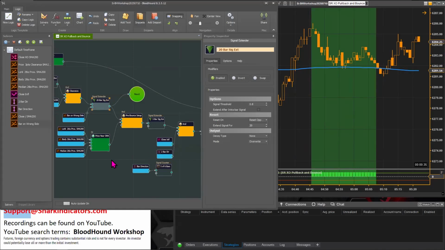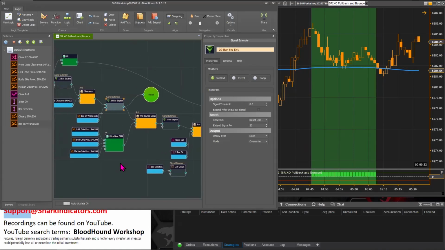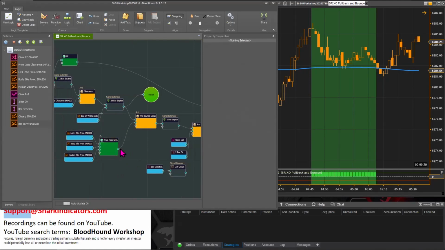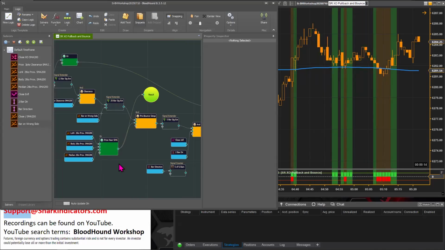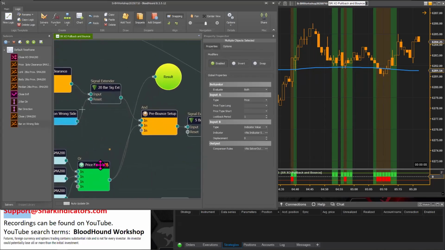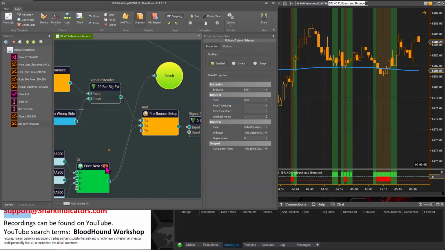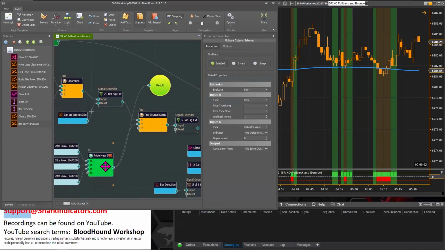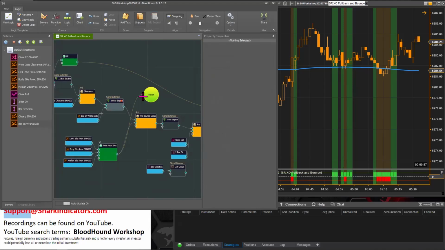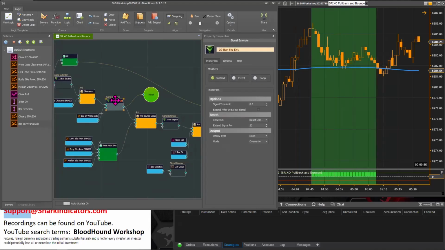So let's see, what can we do here? I'm thinking we can use this logic here, which is detecting when price is near the SMA. We can use that to turn off our 20 bar signal extension.